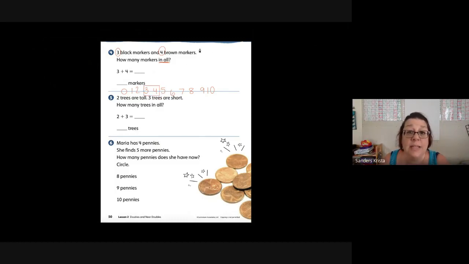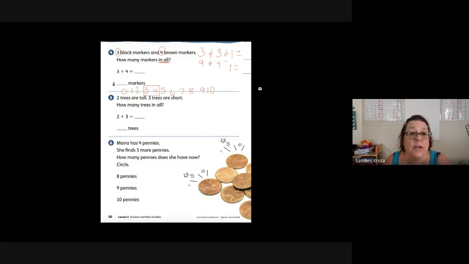So that means I can do 3 plus 3 and add 1 more, getting my total. Or I can add my 4 because they are near numbers. I could do 4 plus 4 minus 1 equals blank, right?